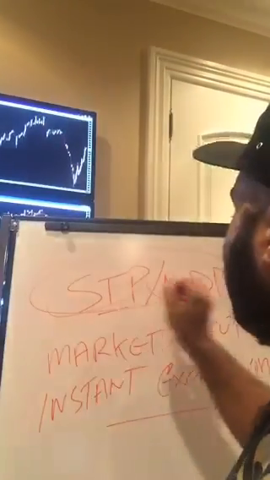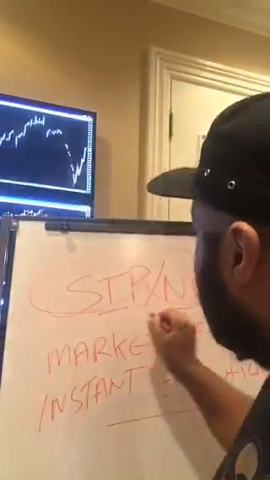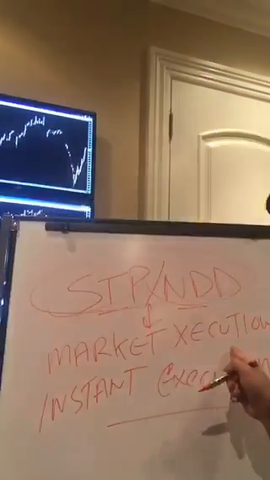So if you're trading under an STP or NDD environment, which is the real environment to trade, you're going to be trading under market execution rules, which means for you to buy or sell, someone else has to buy or sell, which means you're always going to have a delay in your transaction. It'll never be instantaneous.